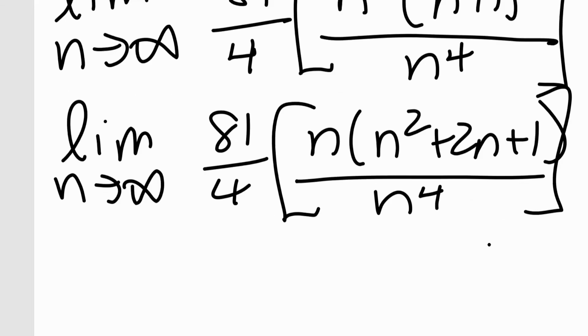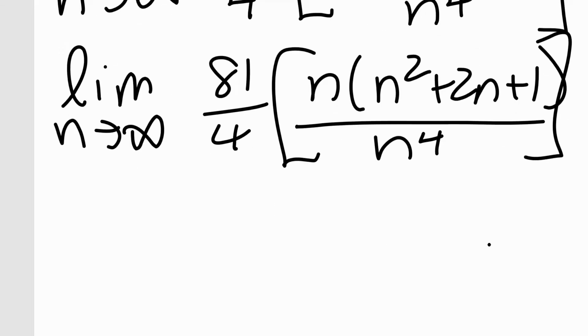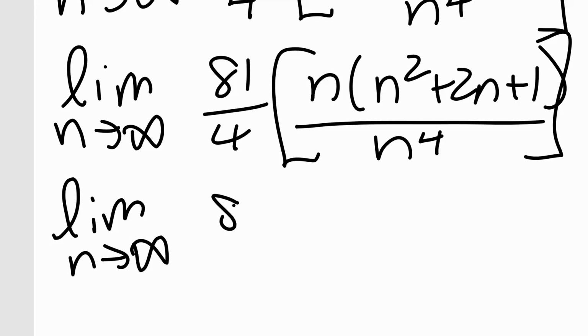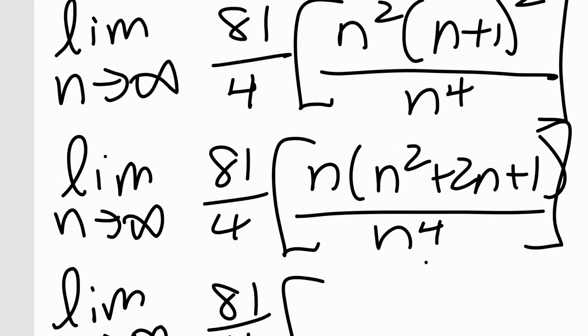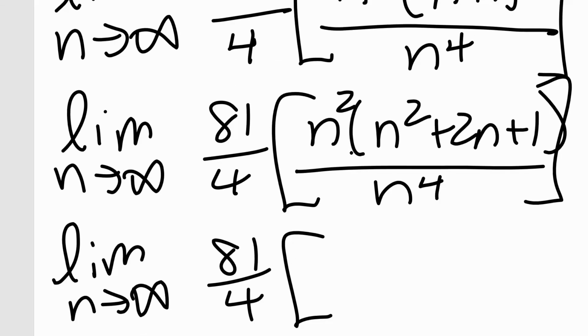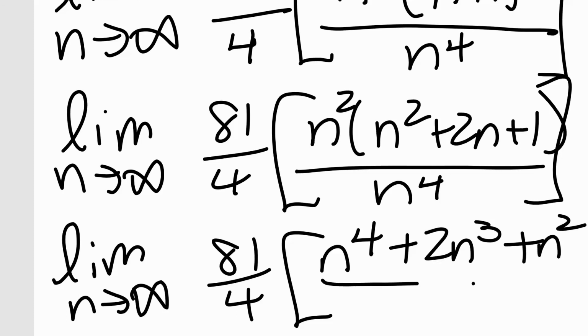All right, I still have to get rid of my parentheses. So I'm going to do the limit as n goes to infinity of 81 over 4. Oh, and I believe I missed a squared up there. It should be n squared, times (n to the 4th plus 2n to the 3rd plus n squared) all over n to the 4th.